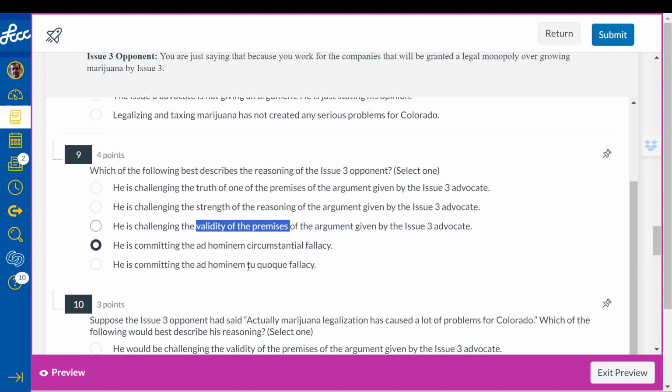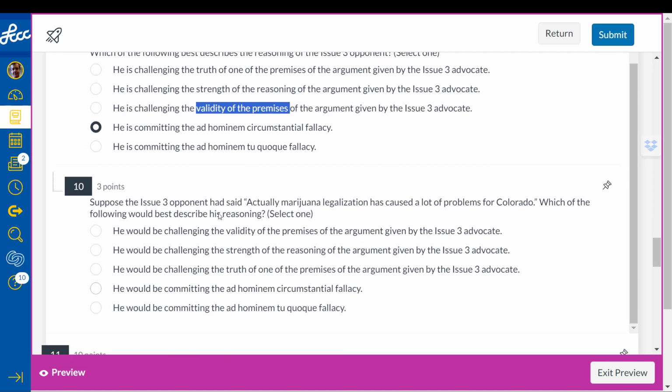All right. Suppose he had said, actually, marijuana has caused a lot of problems for Colorado. What would he be doing? He would be challenging the truth of one of the premises. An important premise for the speaker is the inferred similarity about Colorado.